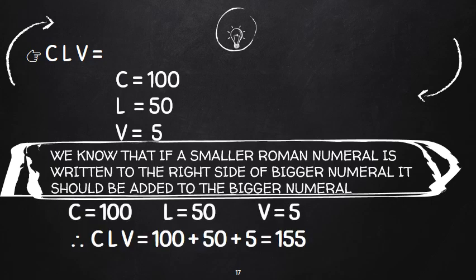So CLV is equal to 100 plus 50 plus 5, which is equal to 155, because V is smaller than L and L is smaller than C, right?